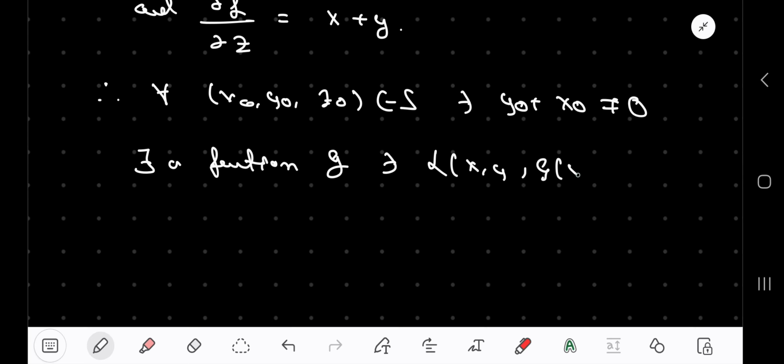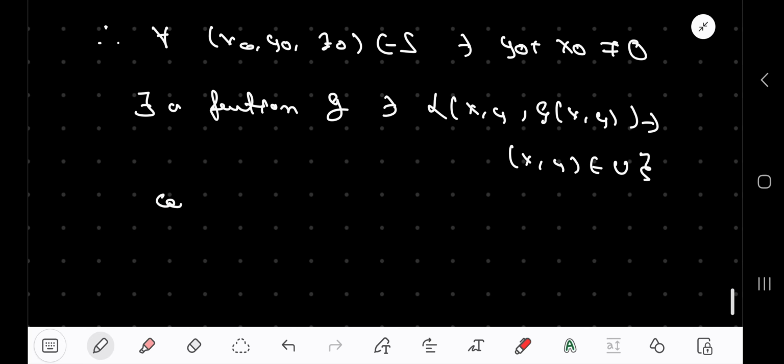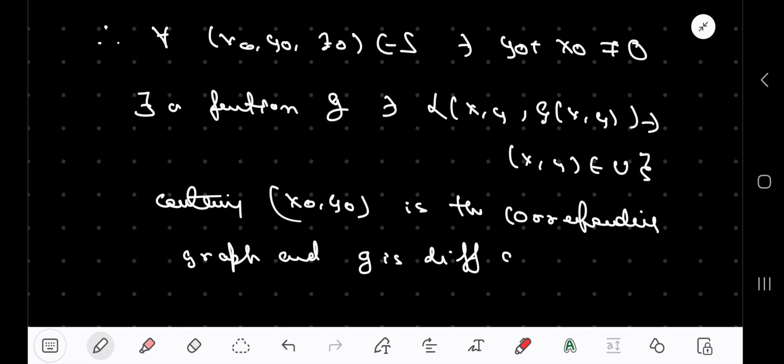(x,y), g at (x,y), such that this tuple (x,y) comes from some open set U containing x naught, y naught, is the corresponding graph, and g is differentiable at x naught, y naught.